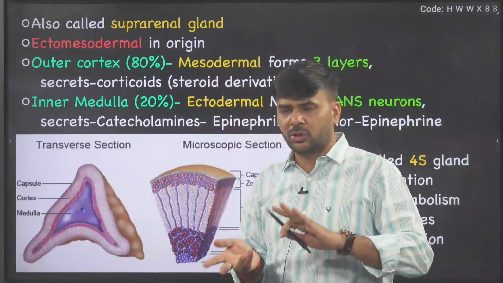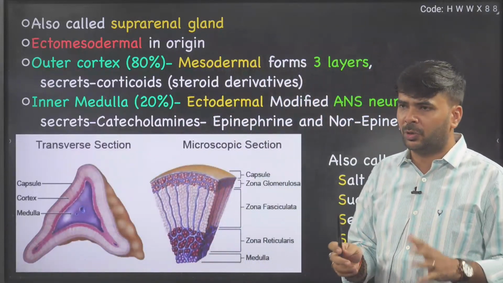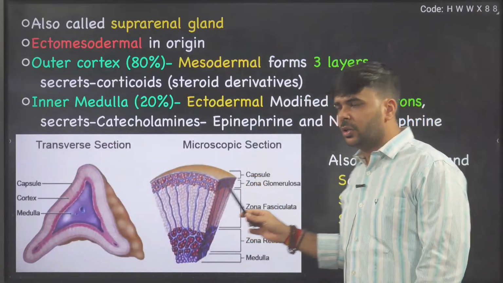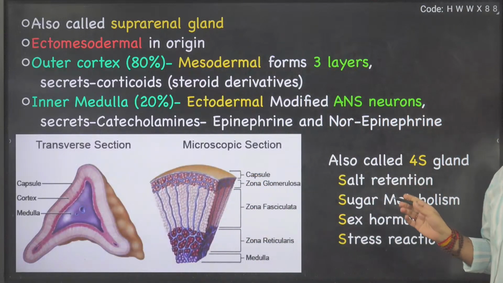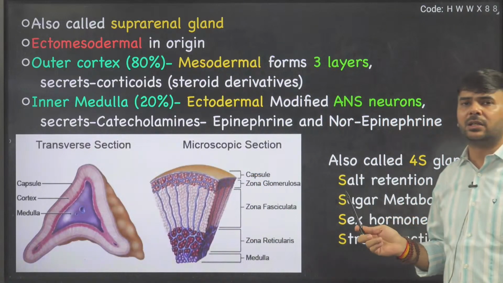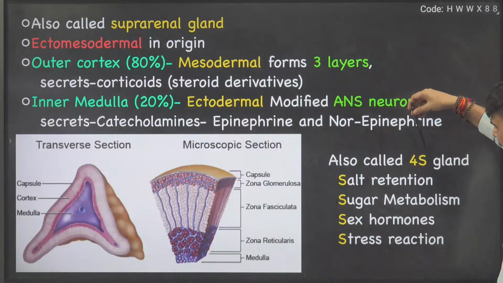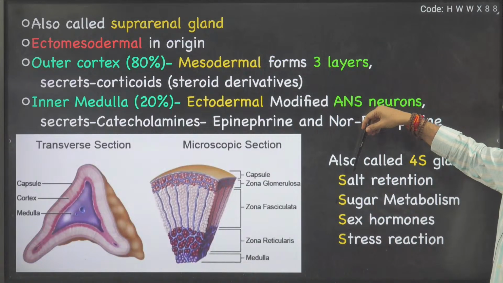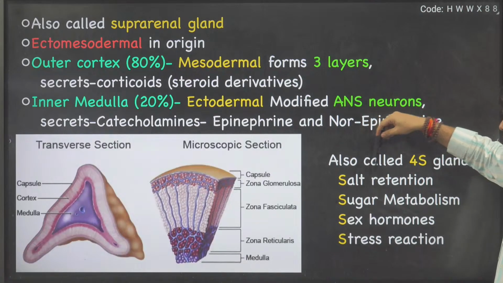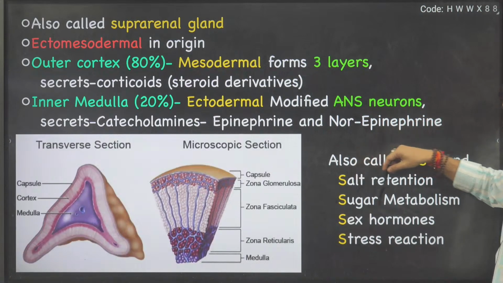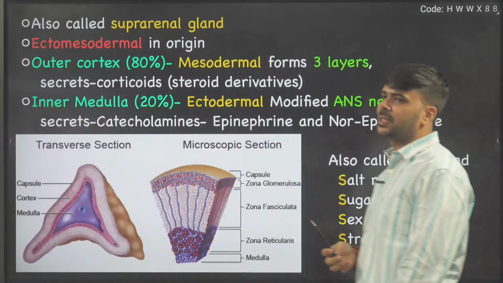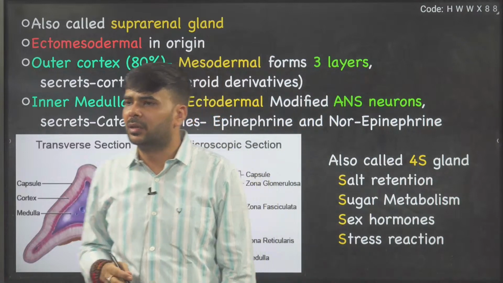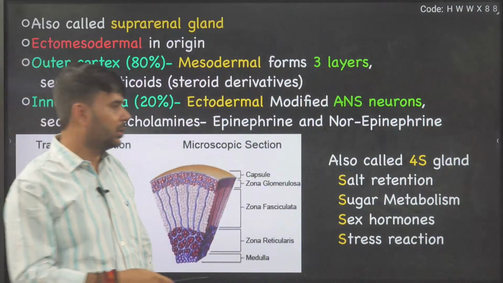Which hormone is responsible for each, I'll say. So this gland is called the 4S gland. Why 4S gland? S: salt retention, sugar metabolism, sex hormone, and stress reaction. I think it's clear. Very good.